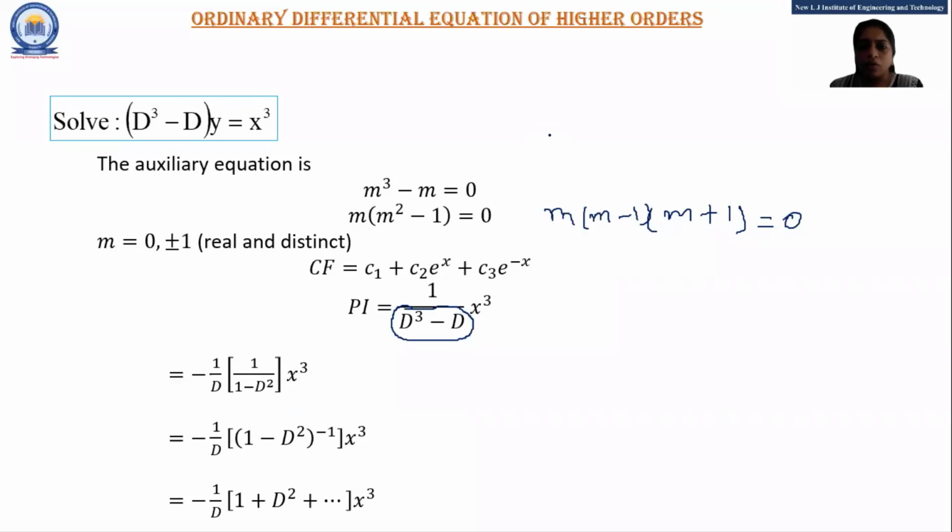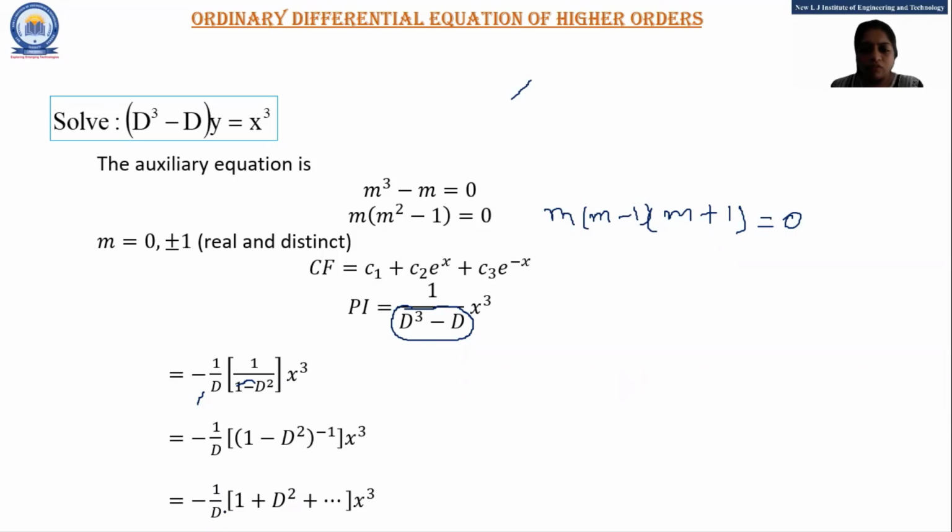If I put this 1 minus D square in the numerator, then I have 1 minus D square raised to minus 1.